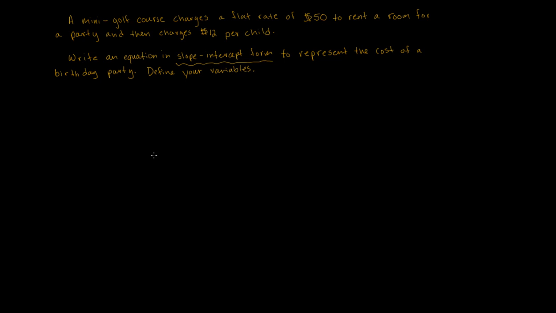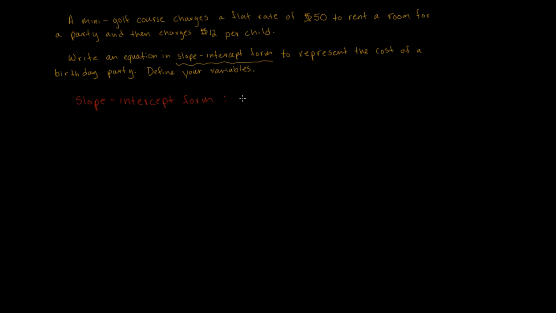So the first thing we need to do is figure out what our equation has in it. If you remember any equation in slope-intercept form, where we have the actual slope in there, and then we have a y-intercept in the equation.